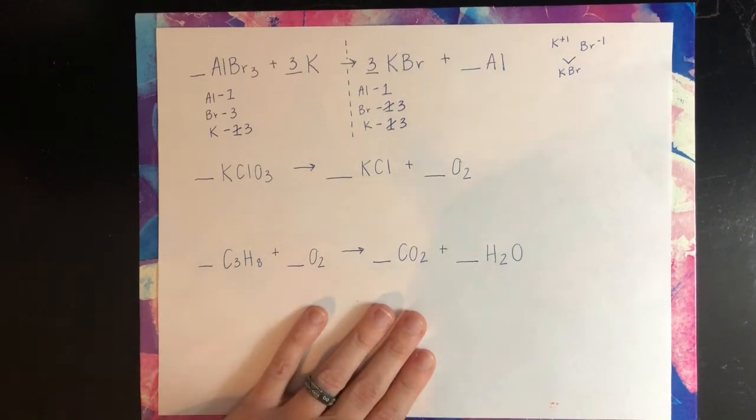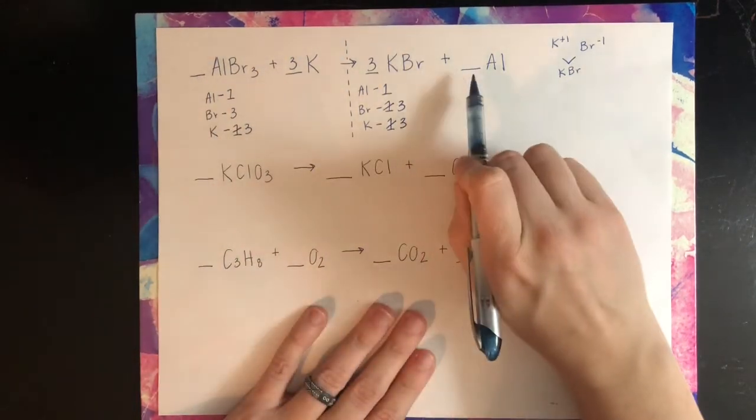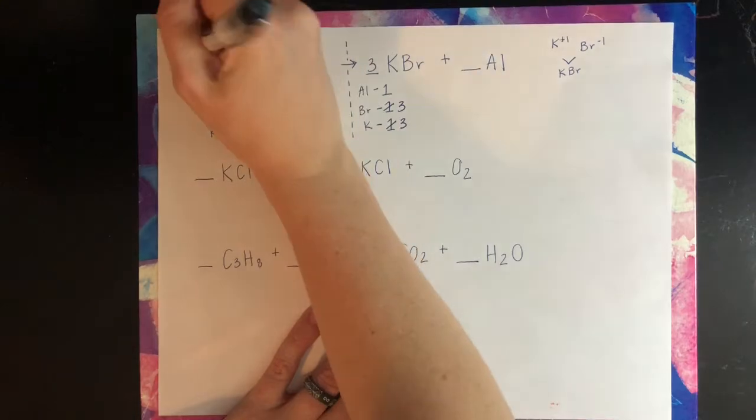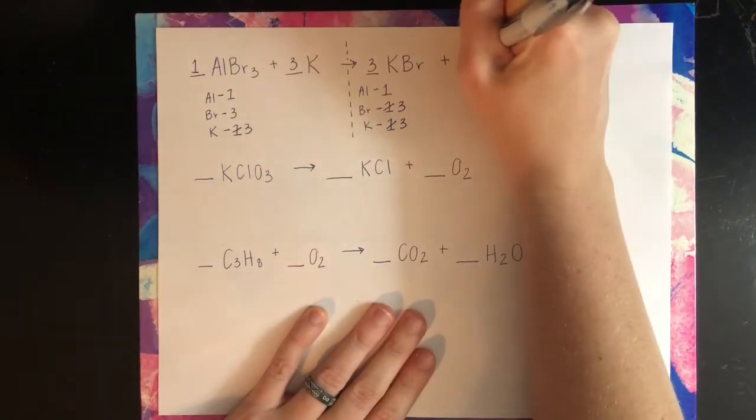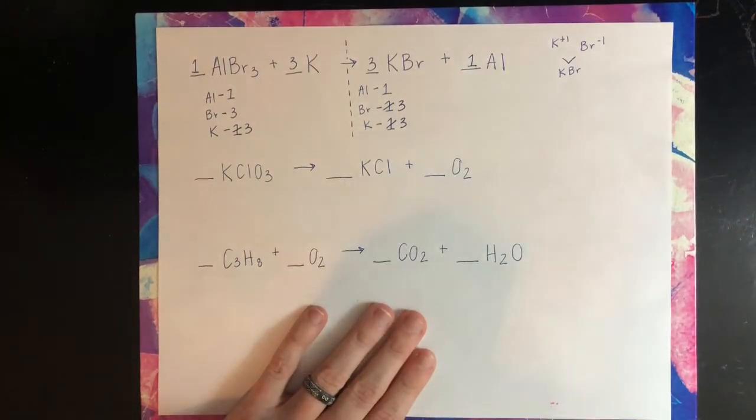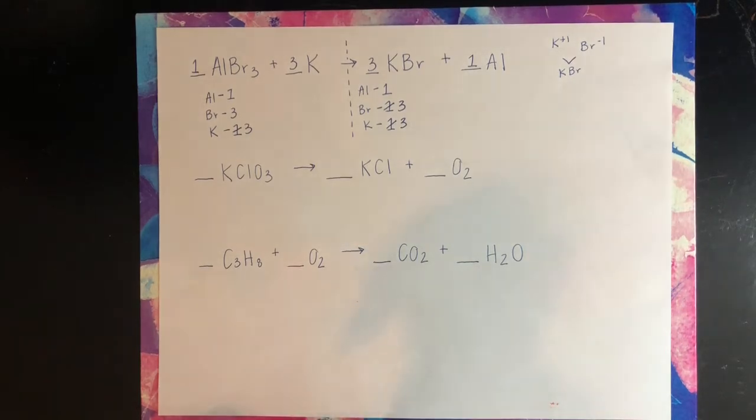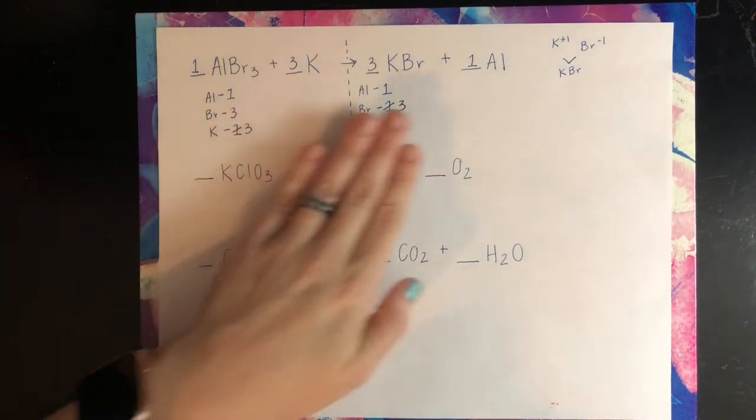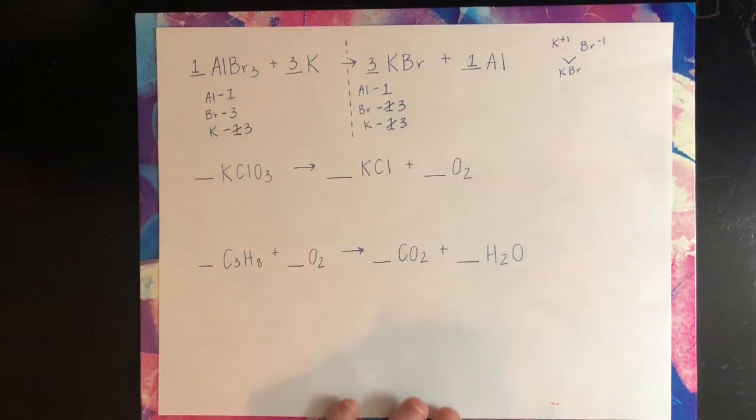Everything is balanced, so what do I fill these 2 in with? Yep, 1s. Remember, they don't have to be written, but I suggest you write them, at least in the beginning, so that you know that there is something there, and you see that we have now completed balancing this reaction.